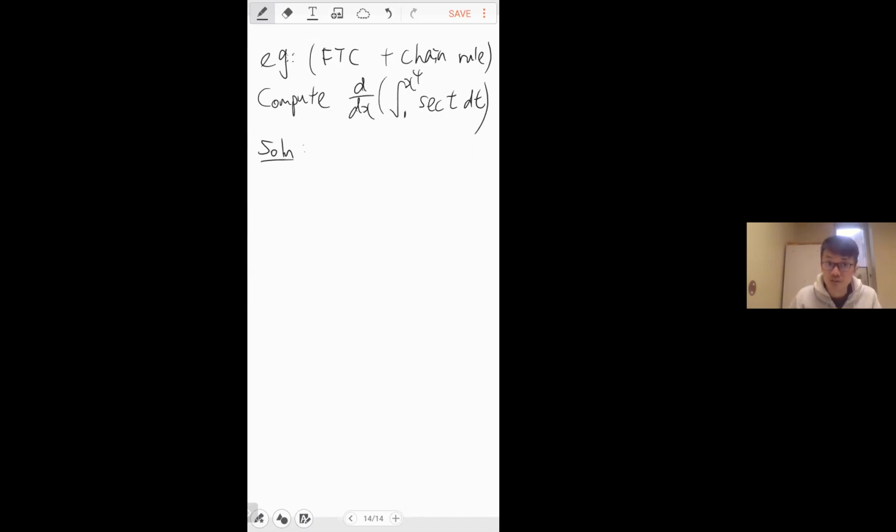Now, before using the fundamental theorem of calculus, I'm going to define a different function first. So define g of x to be this function.